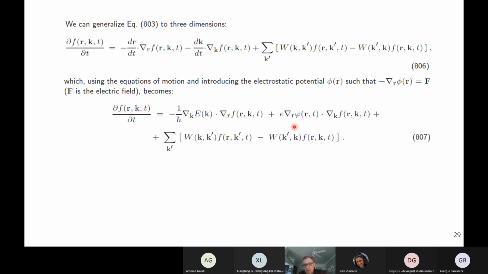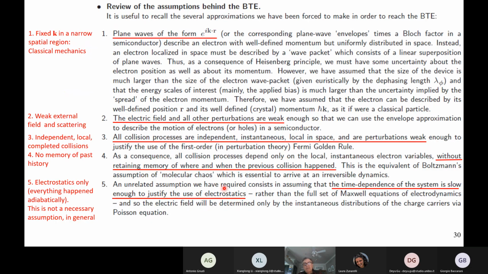But in general, we're not dealing with electromagnetic propagation, and that's because the time scale in which everything changes in the device is still slow enough to justify what is called the no retardation limit, in which we consider the propagation of signals instantaneous in electromagnetic fashion. So we don't solve the Maxwell equations. This is something which is unrelated. I thought I would add it to the list of assumptions that we're making.